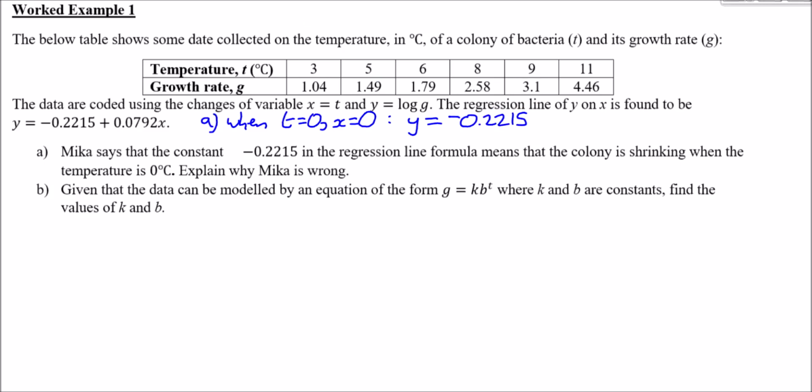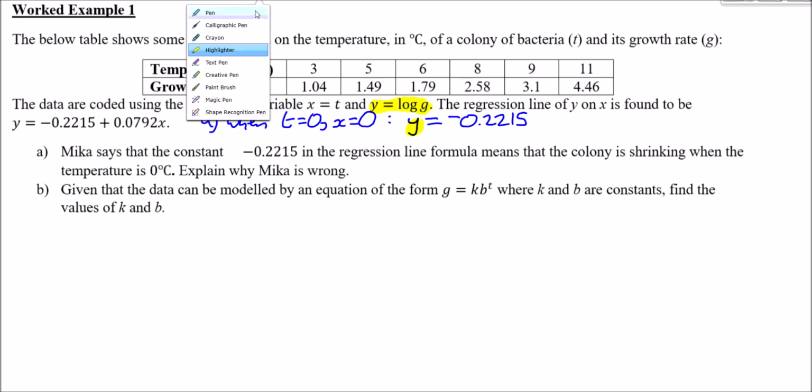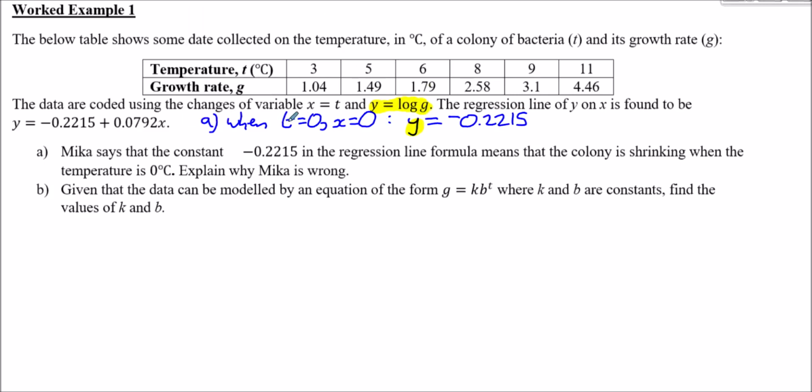But of course, y itself is coded to be the log of the growth rate g. So because when t is 0, x is 0, this bit here vanishes and we just get y equals minus 0.2215, we can then put this back in terms of g. So therefore, the log of g is minus 0.2215.